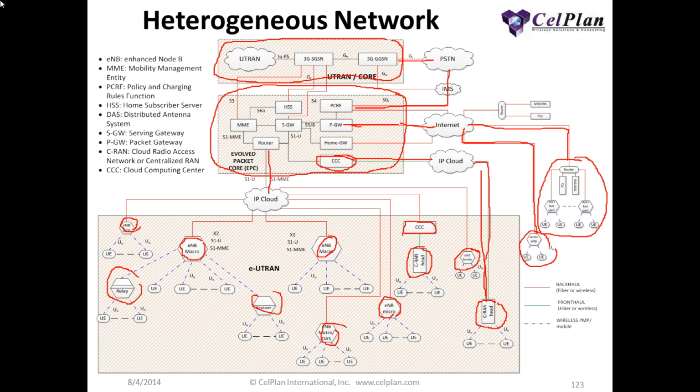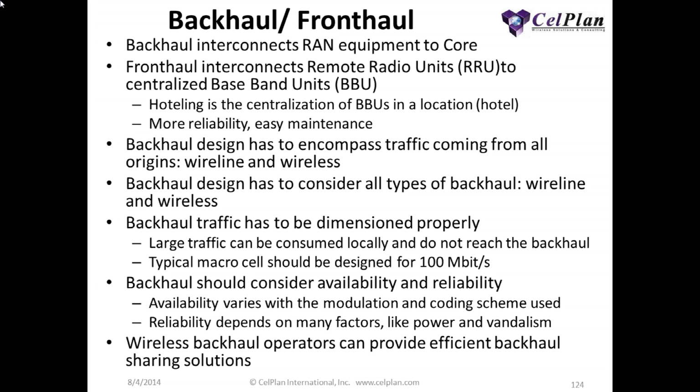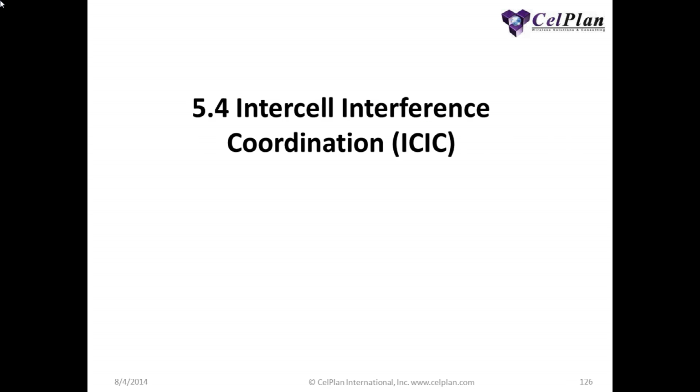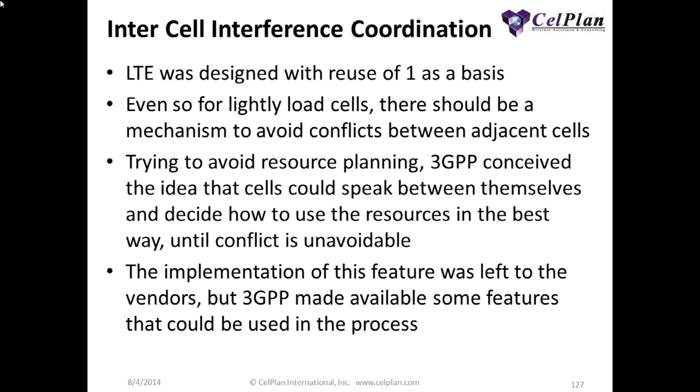So one way of optimizing a wireless network is to consider the design of heterogeneous networks using backhaul and fronthaul. Intercell interference coordination, there is a lot of buzz in the market about it, and people are proposing and promising a lot.